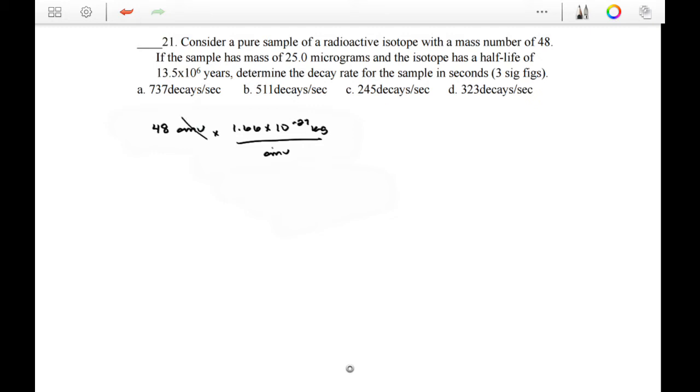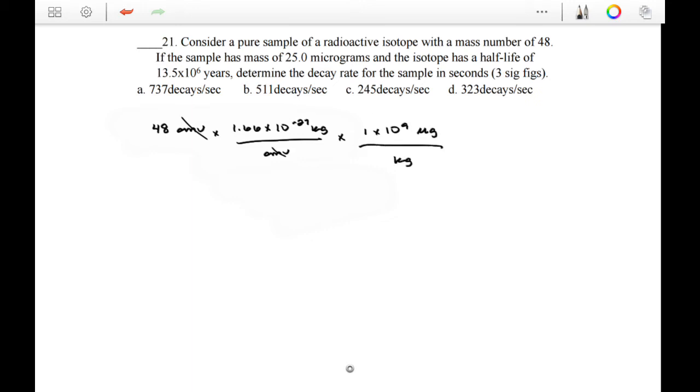And so we can cancel our AMUs here, and this will give us a value for the amount of kilograms present in the nuclei. But we don't want kilograms, we want micrograms. So we're going to multiply it by 1 times 10 to the 9 micrograms per kilogram.